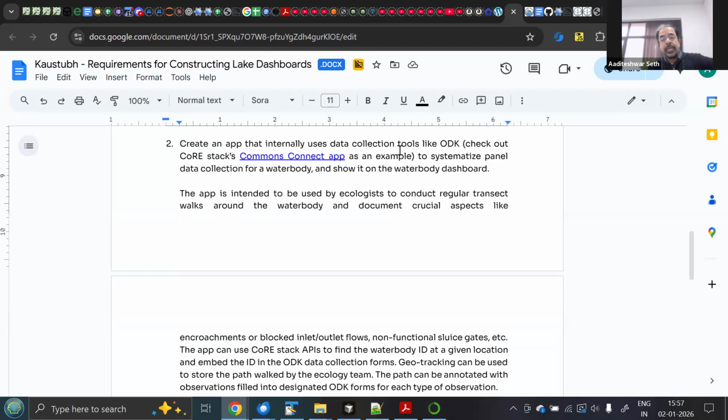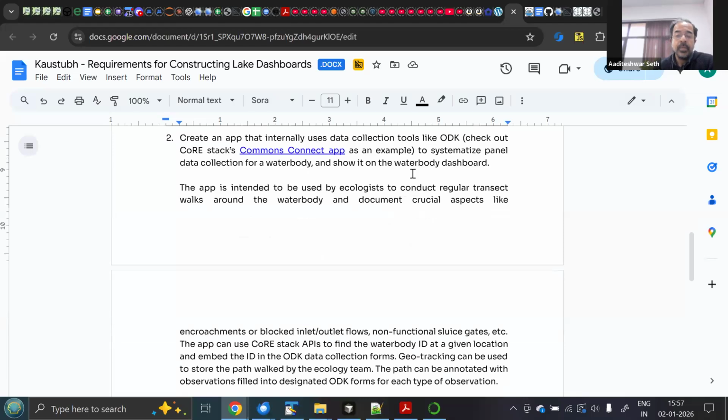You can use data collection tools also, so that for people like Kaustav, it's easier to build dashboards. They go and collect information, document the biodiversity and other things, any encroachments or anything that they're noticing. They do it once or twice a year.